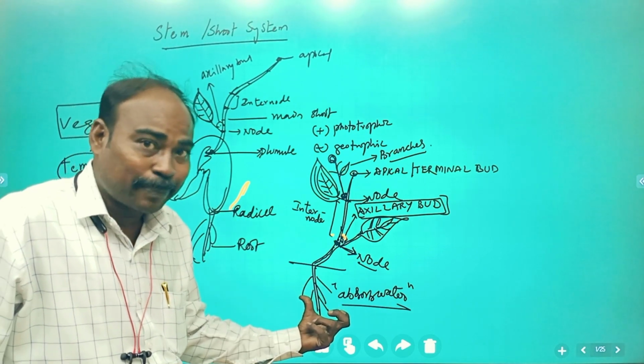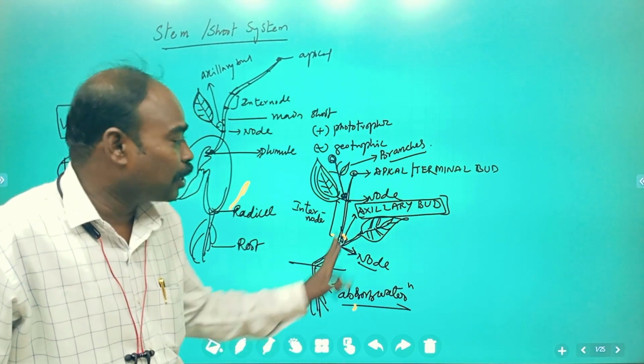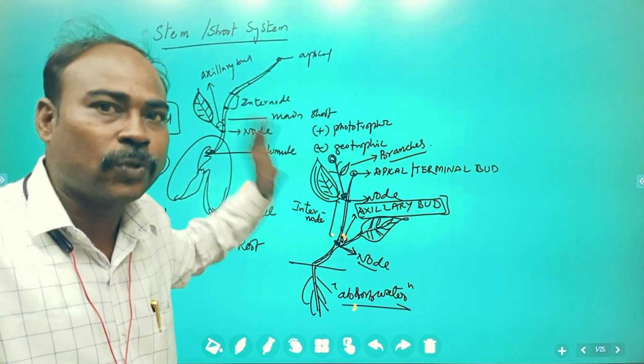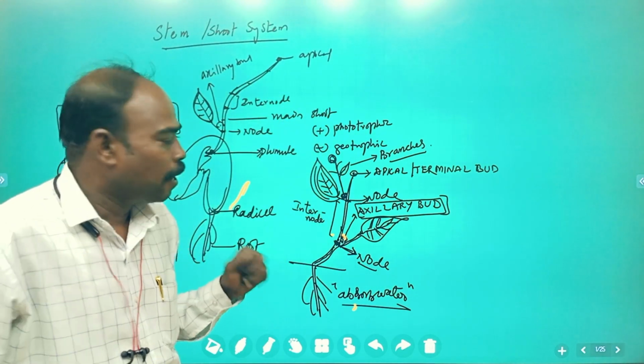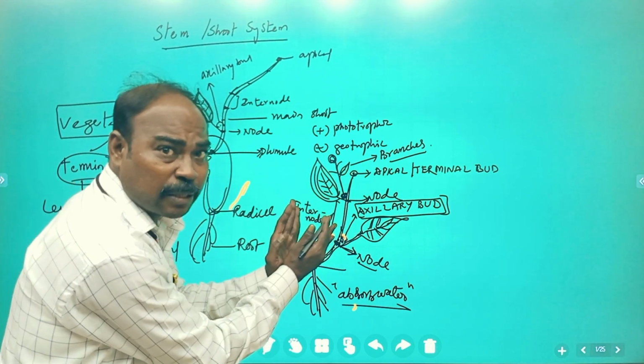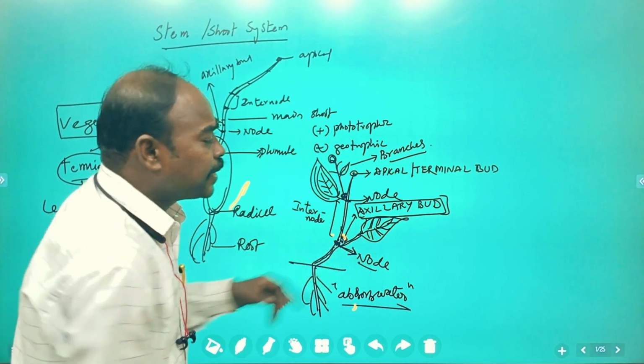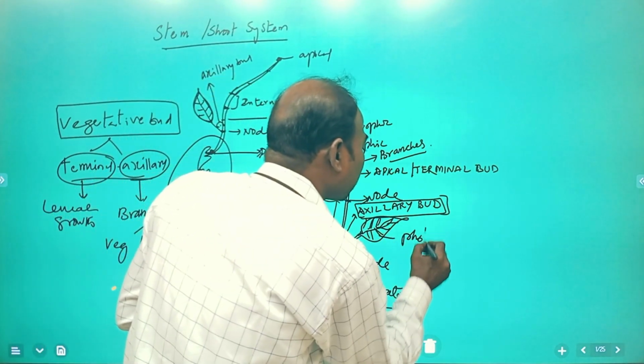The root absorbs water primarily from the soil, then it is transported to almost all branches, leaves, flowers and fruits through the shoot system. The shoot system is responsible for production of leaves.